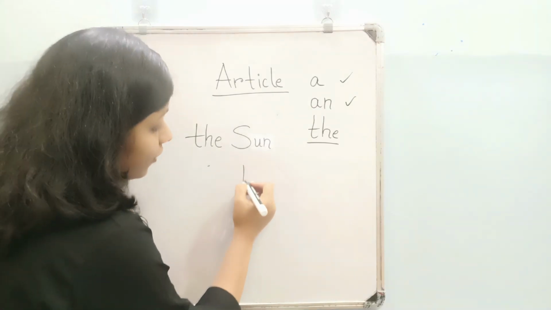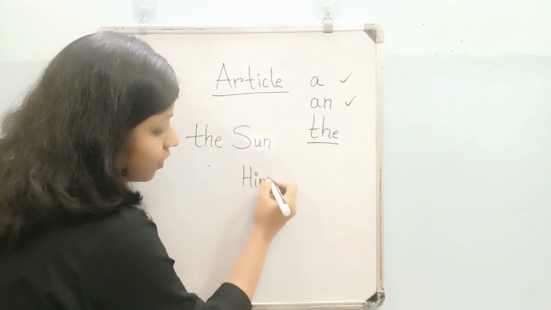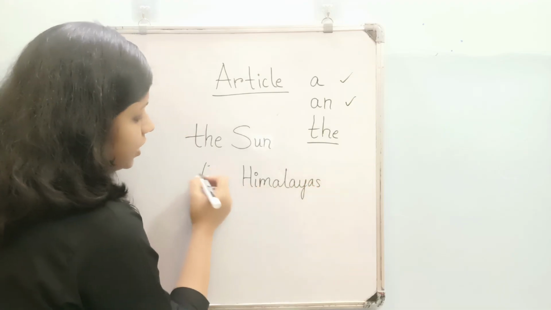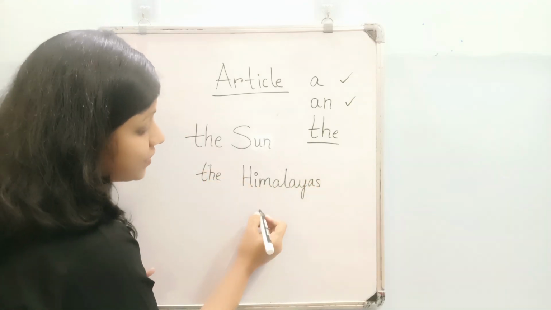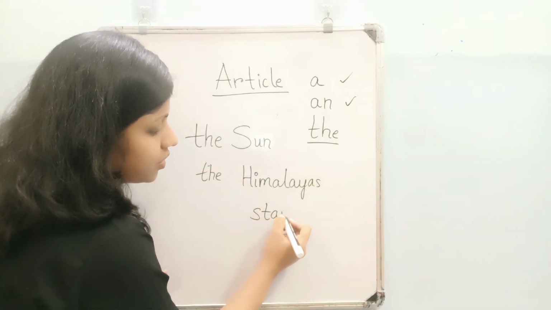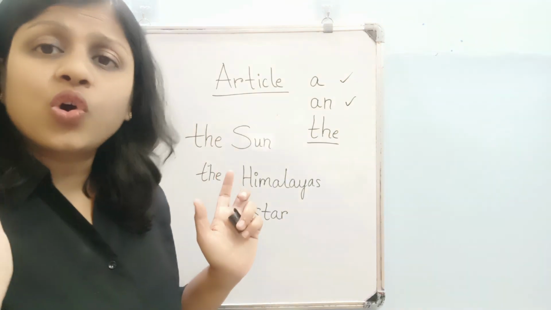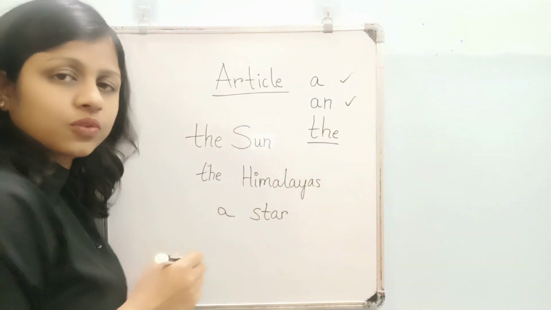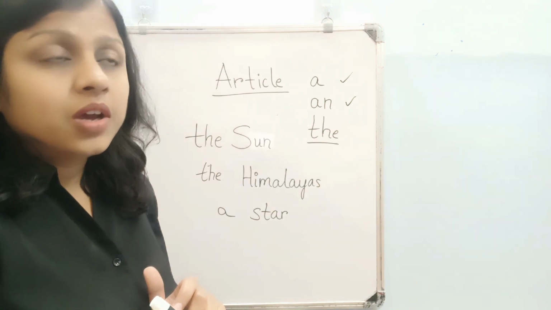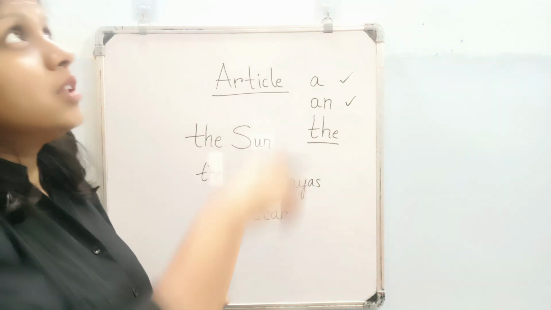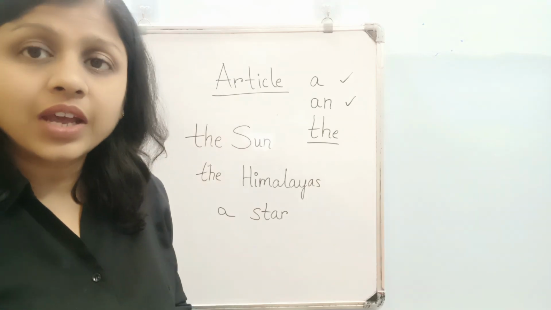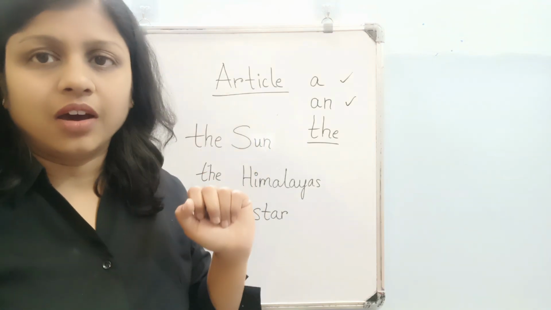There is only one Himalaya, so we will say the Himalayas. If I say star, there are so many stars, so it will be a star, not the. But if I say that particular star, then I will say the star.